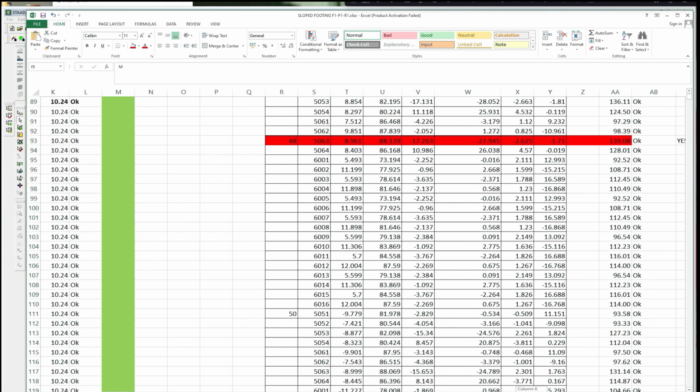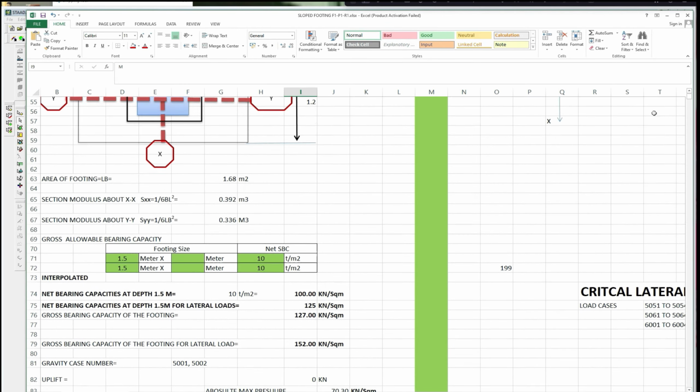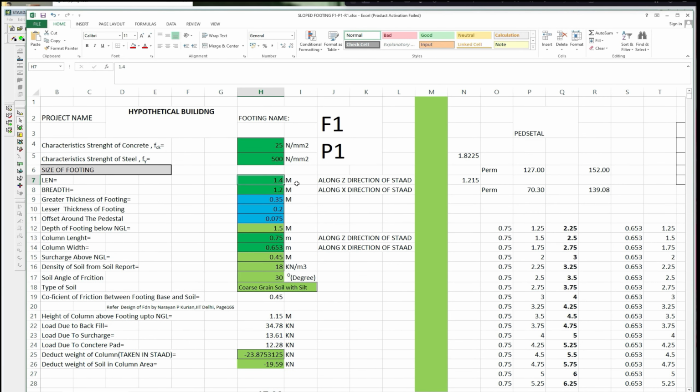Now let us consider we change the dimension, reverse the dimension of the footing. So let us make this 1.4 by 1.